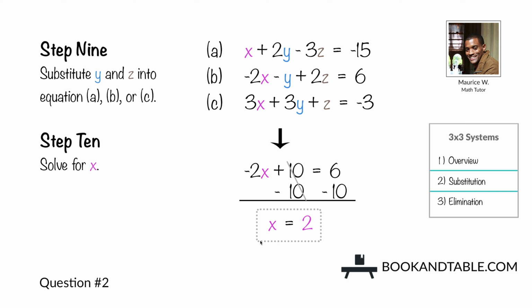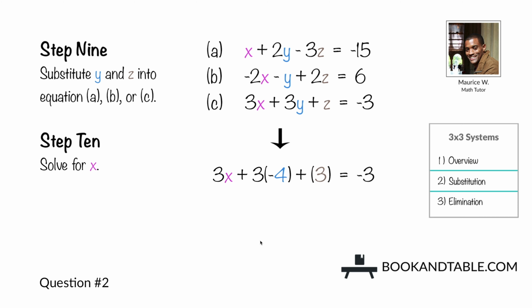And you'll get the same value if you chose to plug y and z into equation C instead, giving us 3x plus 3 times -4, which would be -12, plus 3 is equal to -3. -12 plus 3 is -9. So we wind up with 3x minus 9 is equal to -3.